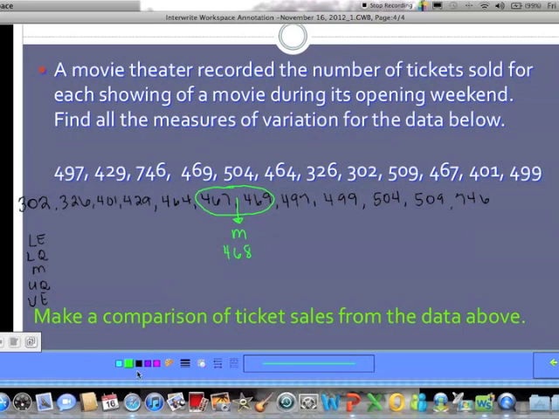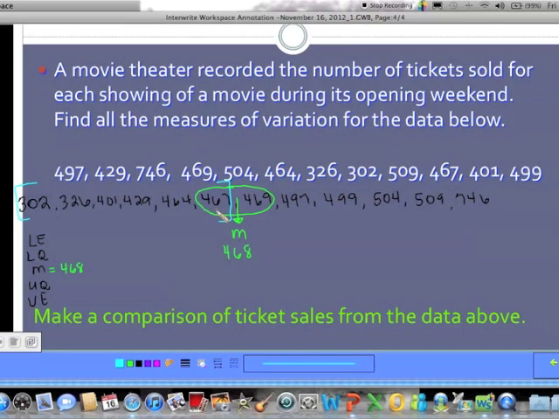All right, now anything that is below my median is considered the lower half of the data. And if I am looking for my lower quartile, I'm going to find that in the lower part of the data.